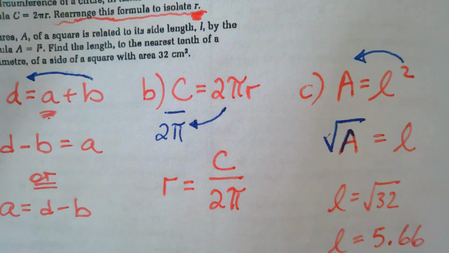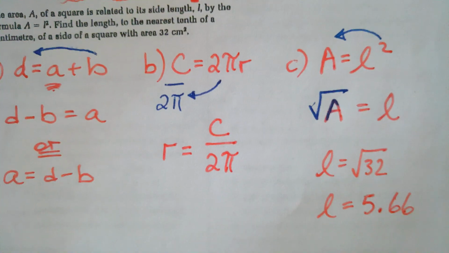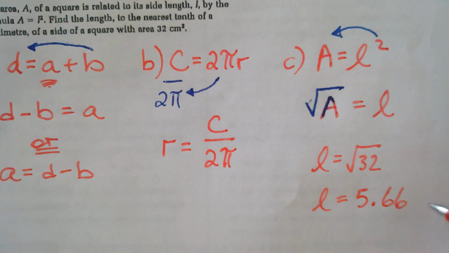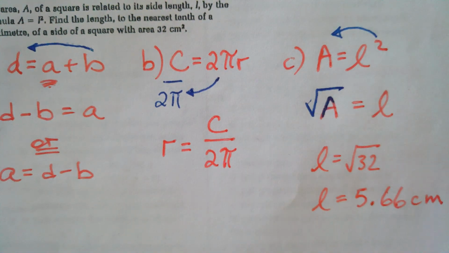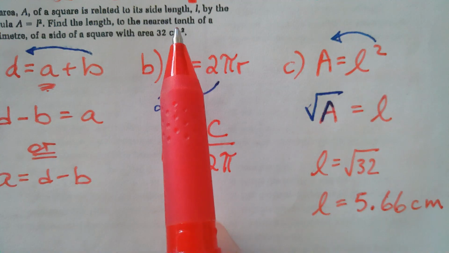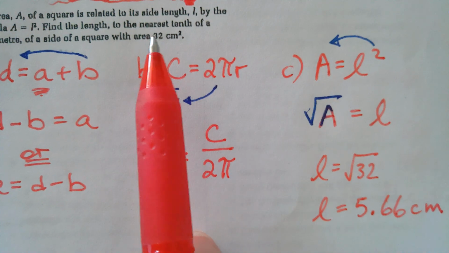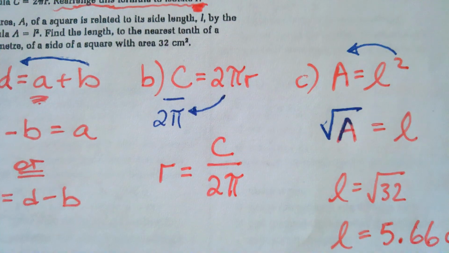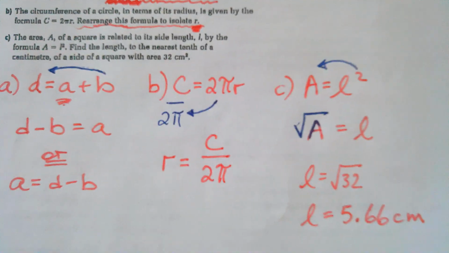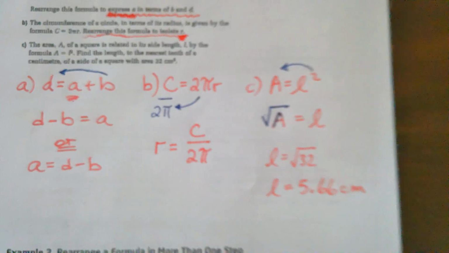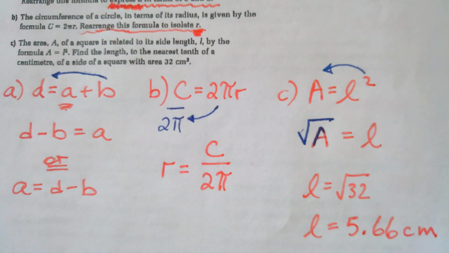What's my unit here? Ivan? Centimeter. How do you know? It says centimeter square here. Because we moved it around, because area is centimeter square, so length is just a centimeter. Good job.